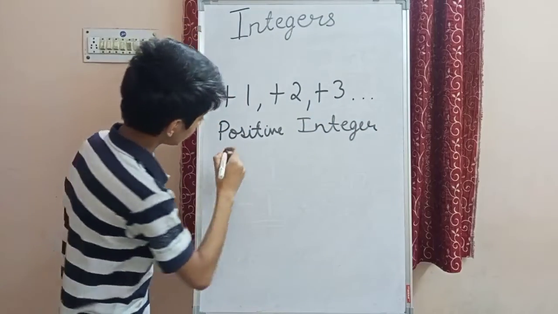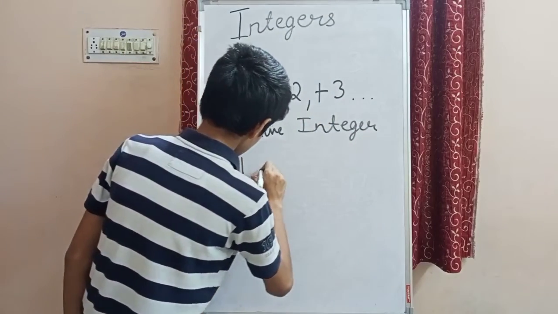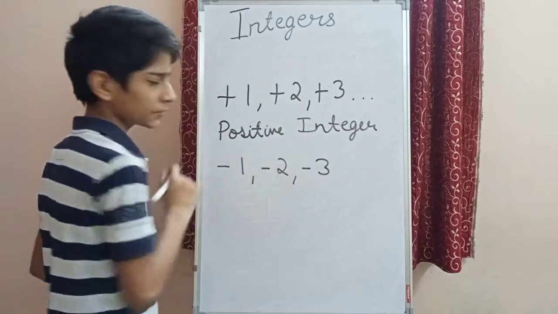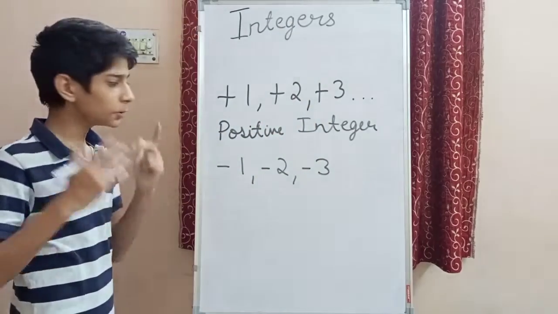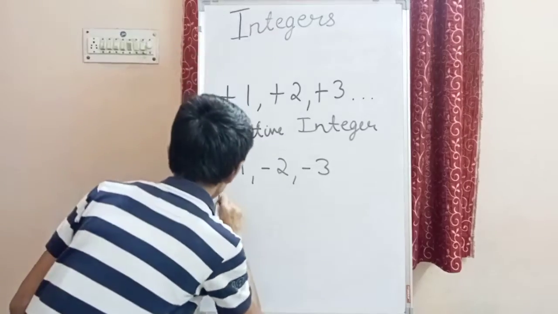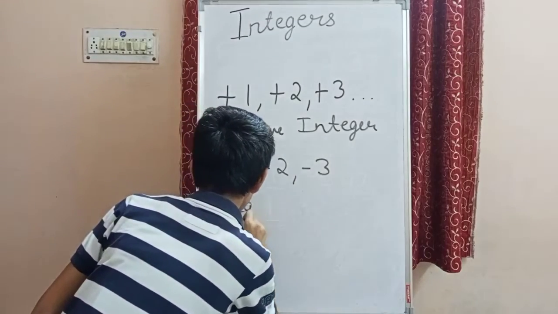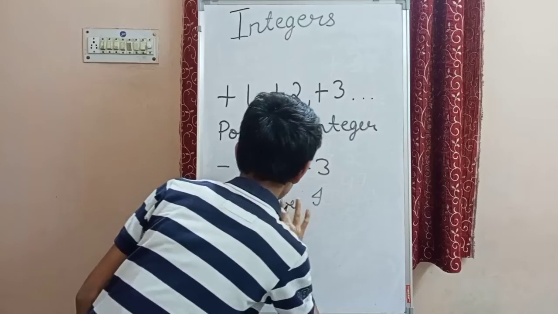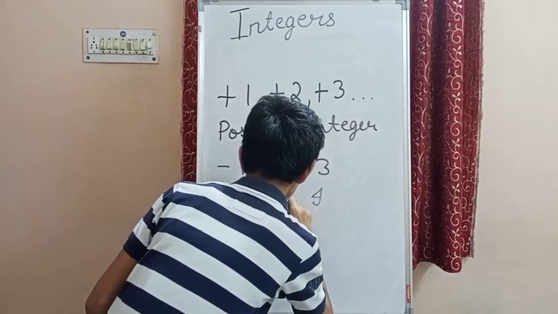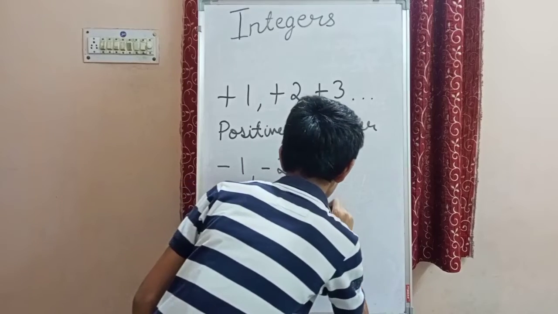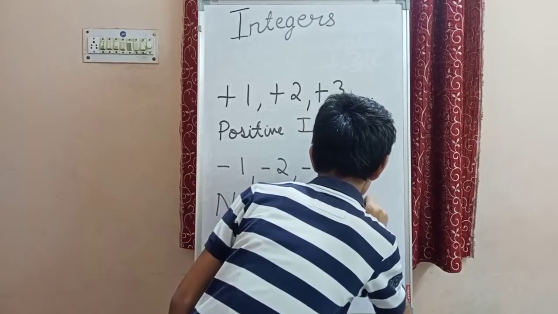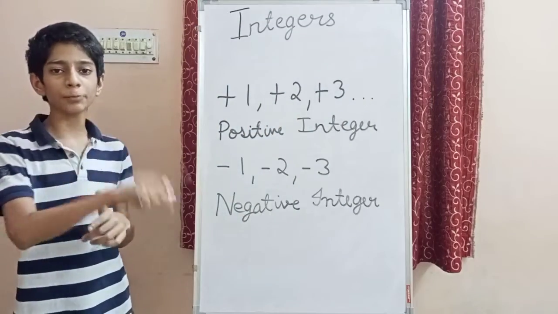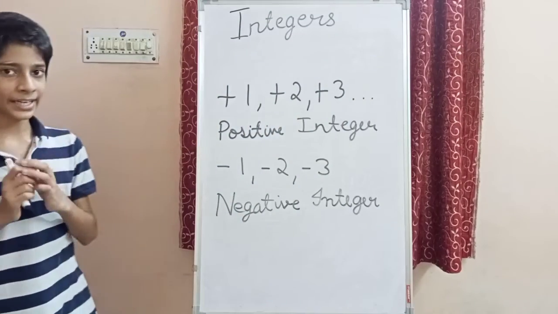And if there is minus 1, minus 2, minus 3, then what will they be called? They will be called negative integers. So now you are clear what a positive integer is and what a negative integer is.